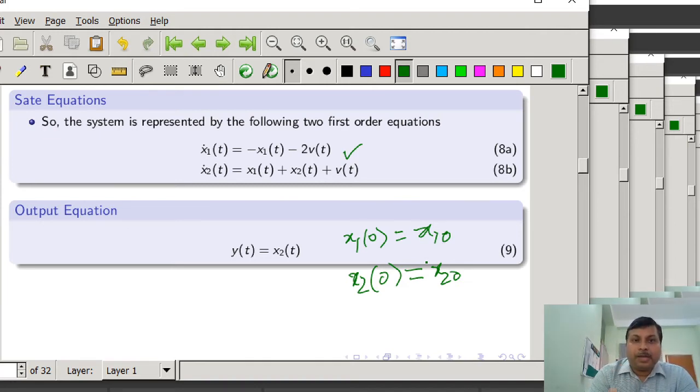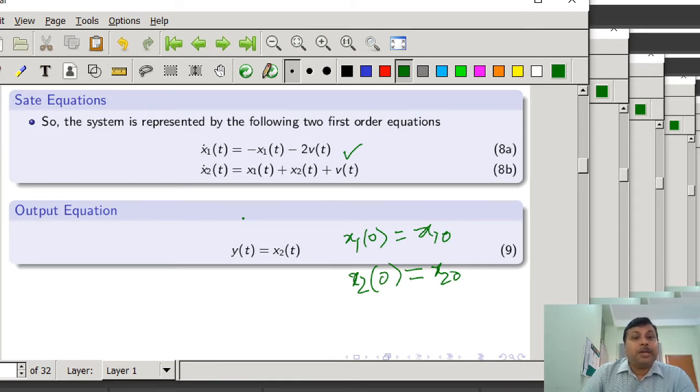Now again I am summarizing. To describe the system, we have taken the help of two variables, x1(t) and x2(t). Once we defined them, we described the system dynamics as first order differential equations of those state variables.